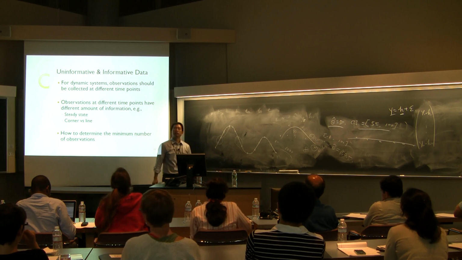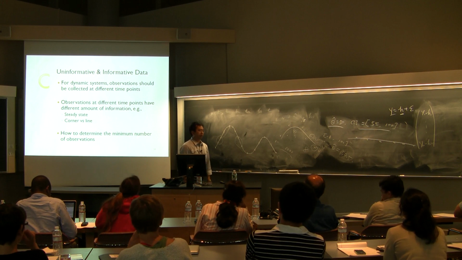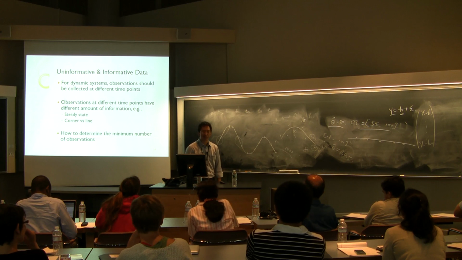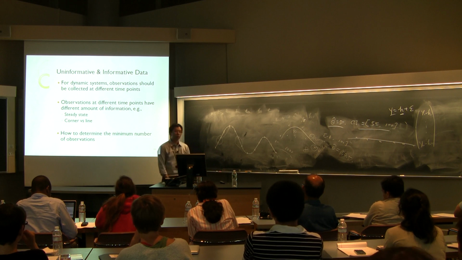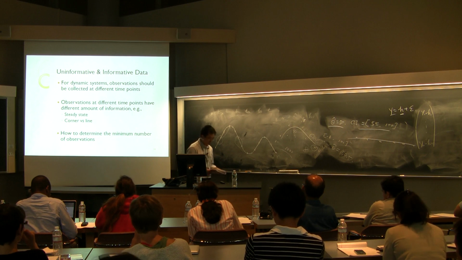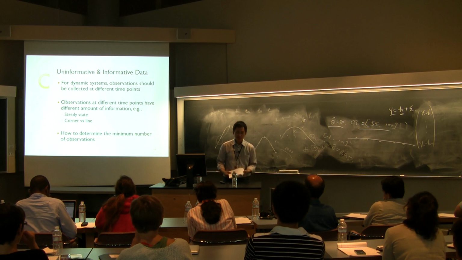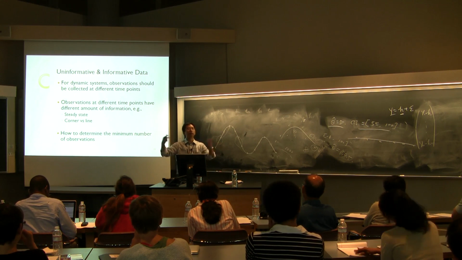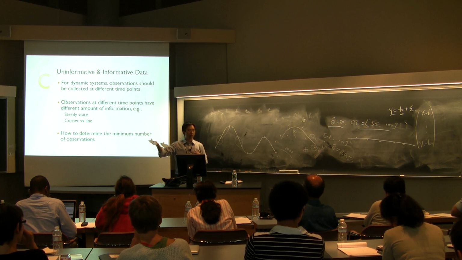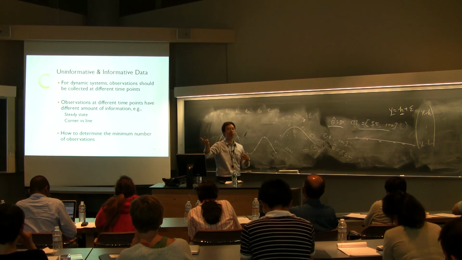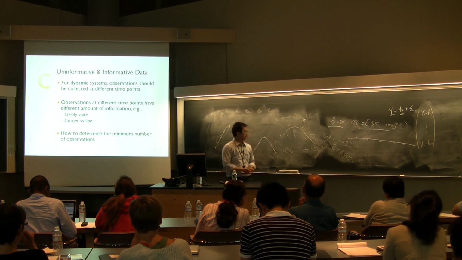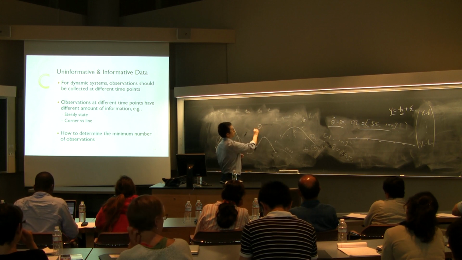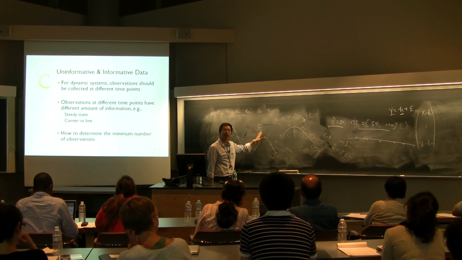So that is something we can do by model-based experiment design, which means we plug in parameter values. Before we collect data, we can get some prior information from the literature, right? For example, what's the possible value of theta?